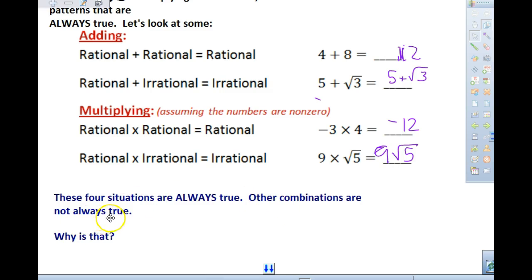Since these 4 situations are always true. Other combinations are not always true. And the question is, why is that the case? So right now, I want you to talk to your shoulder partner. Why do you think that is not the case? Why is this? These are always going to be true. Every time. Talk to your shoulder partner with why you think that could be. Okay?